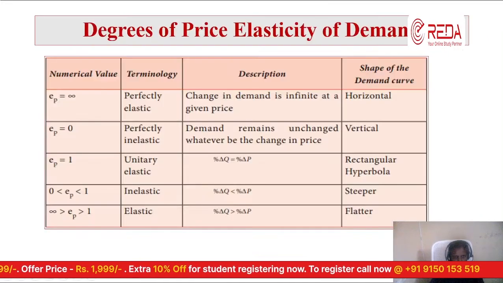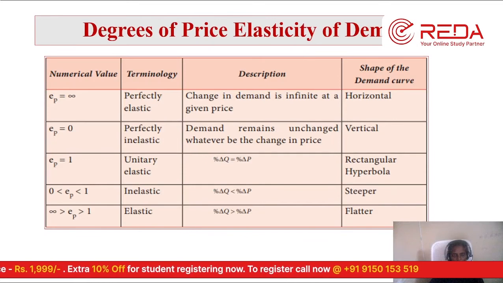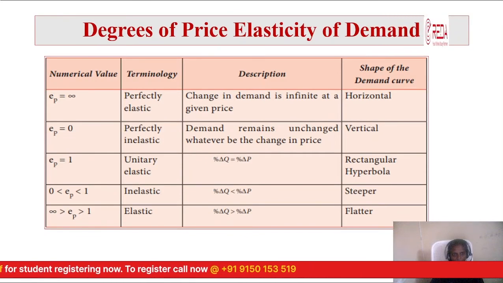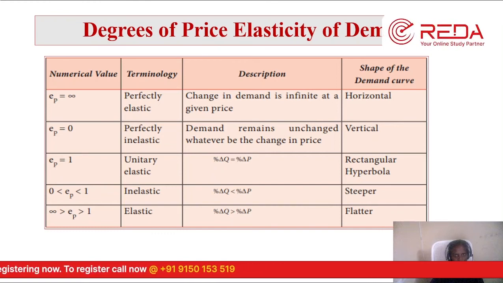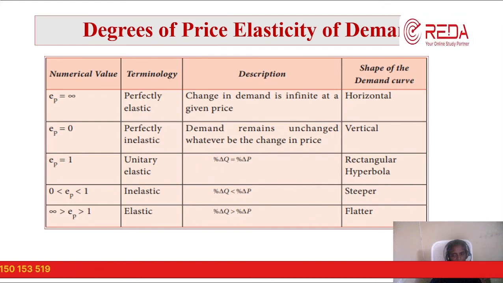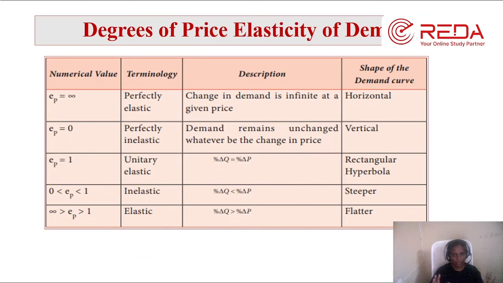Now, these are all the things we have seen: the levels or degrees of price elasticity of demand, with the help of symbols, numerical terms and explanatory diagrams. We are consolidating them and have written them here in a tabular column.